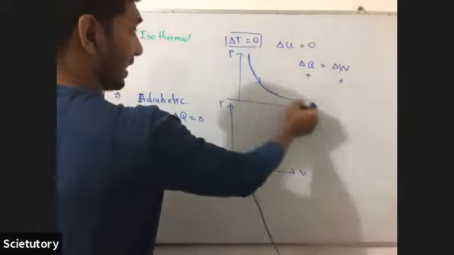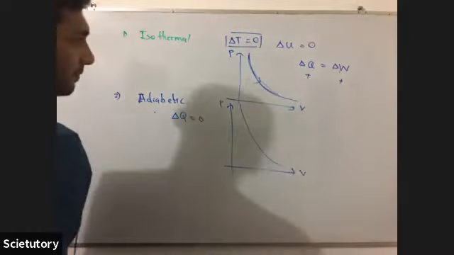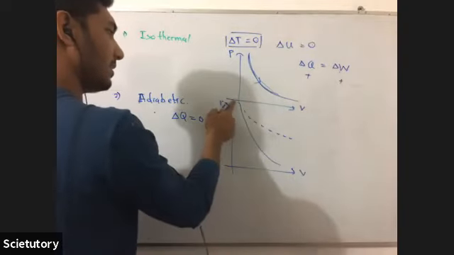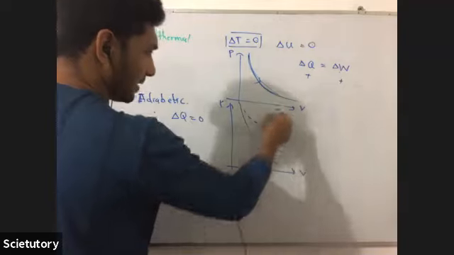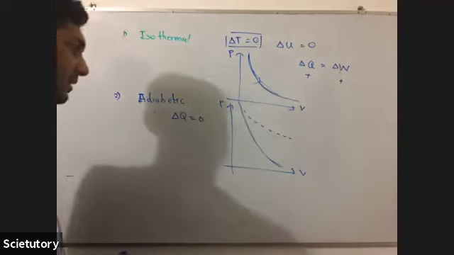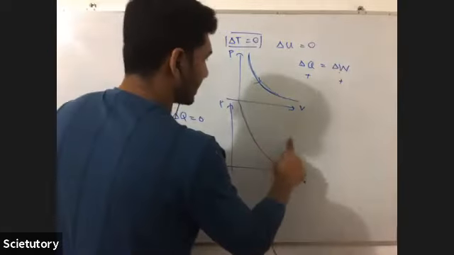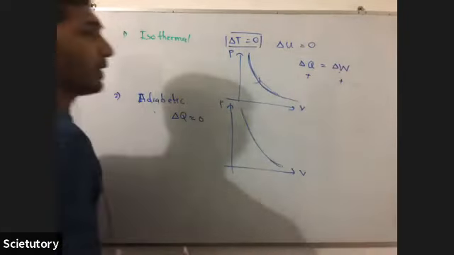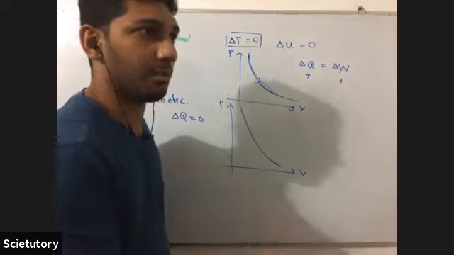So if the isothermal change is like this, the adiabatic change will be like this. The pressure difference is high. So here also you can say the signs of delta Q, delta W, delta U.